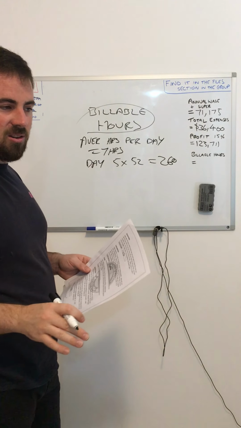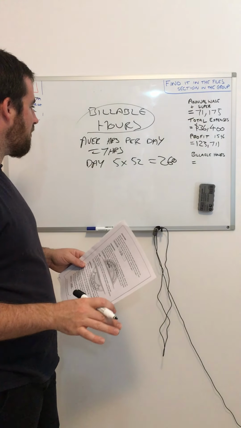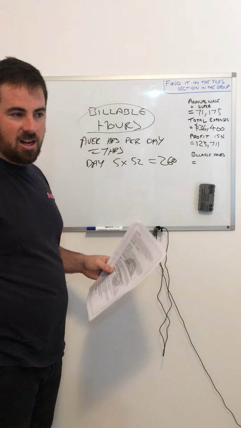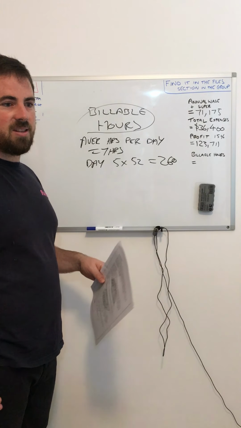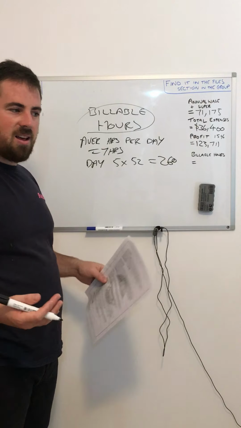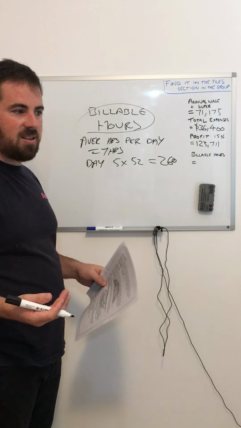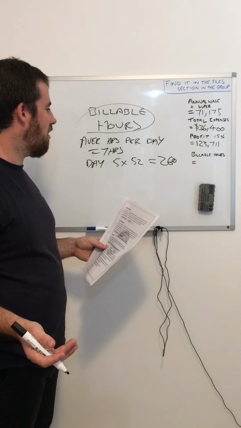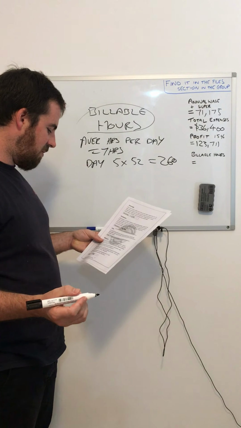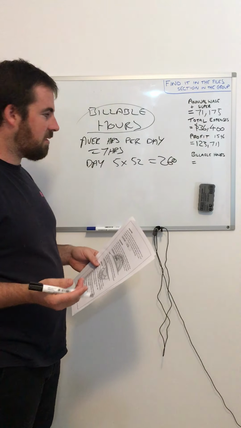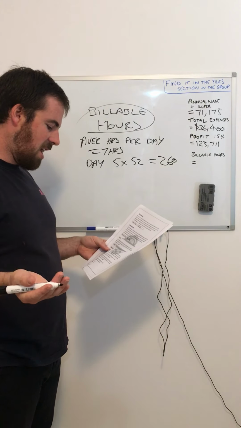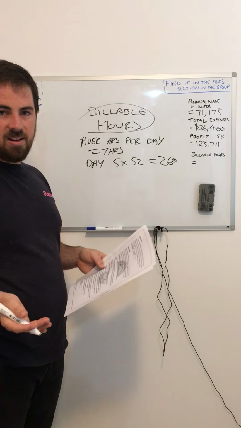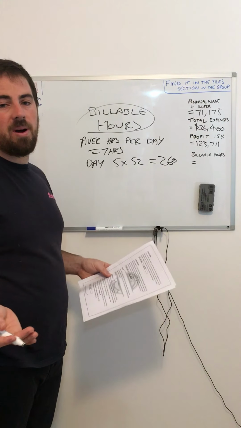Now we can take off our holidays and sick days and things. So all we have to do there is you decide how many holidays you want, how many sick days you're going to need, how many rain days or heat days or whatever it is. So we're going to take off 4 weeks of holidays, 8 sick days, 4 rain days, and 2 public holidays.